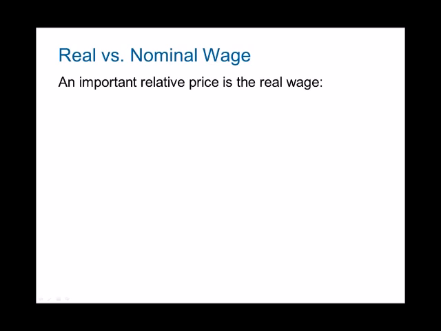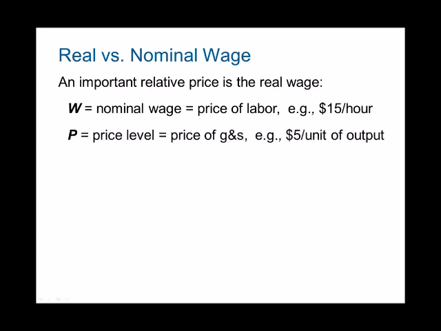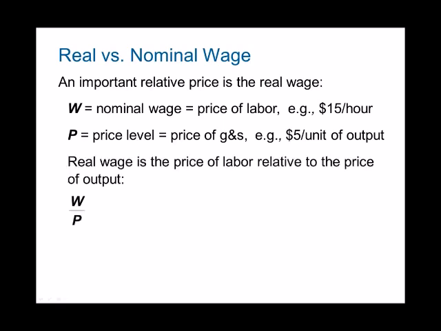An important relative price is real wage. Nominal wage just tells us the dollar value. Suppose you work for $15 an hour. That's your nominal wage. Let's say the price level of a product, a burger, is $5 per unit. Real wage is how much more you can purchase of a burger if you worked one extra hour.